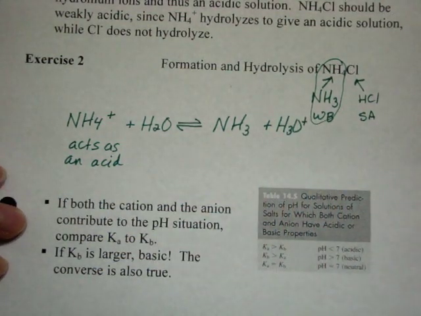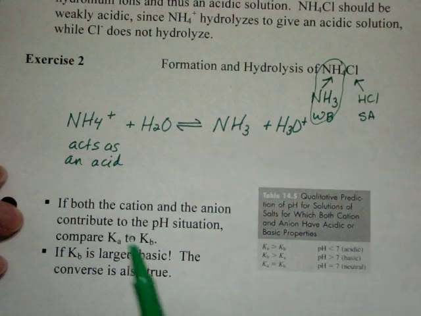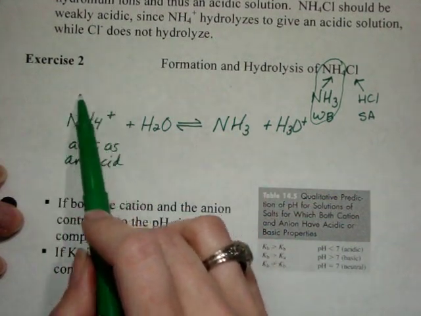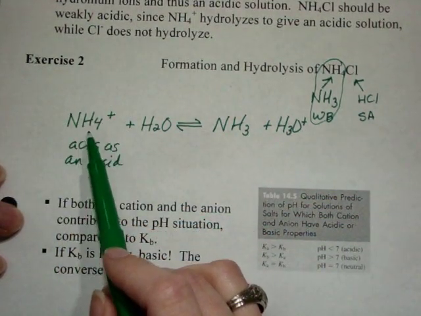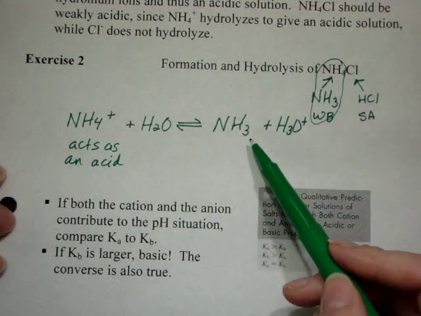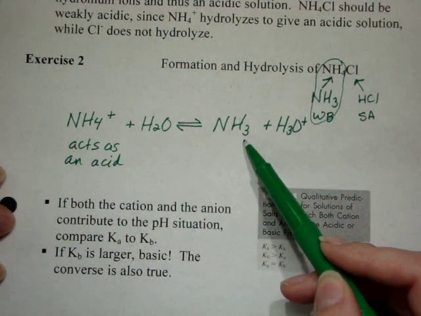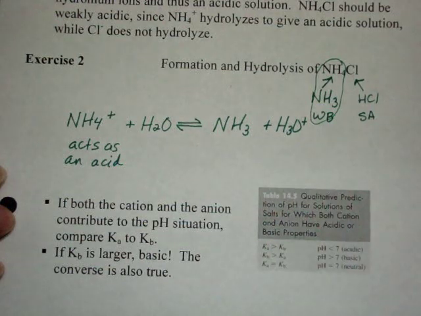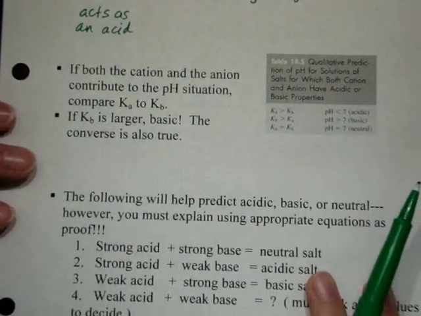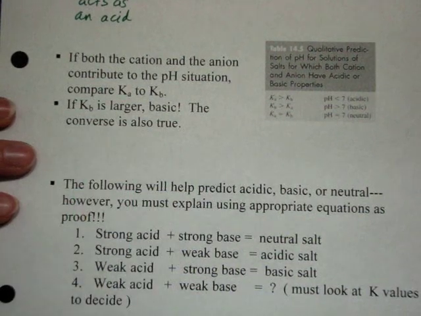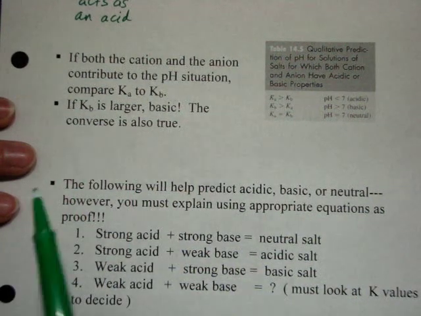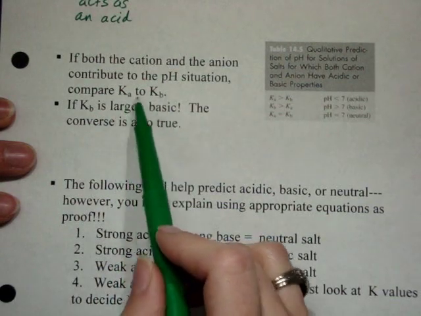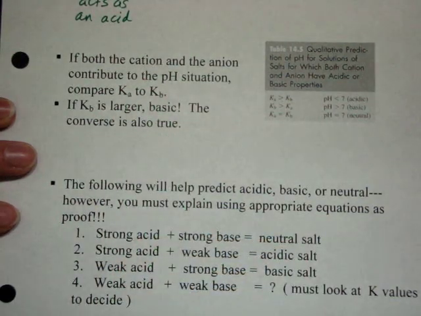So essentially what's happening in both of these scenarios is you're going from something that is charged, an ion of some form, reacting it with water to produce something that is neutral, and then either hydronium or hydroxide depending. When you have a scenario where both components are weak, you actually have to compare the Ka and the Kb value to figure out which is going to be which.